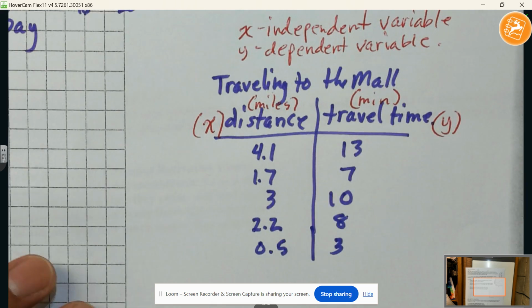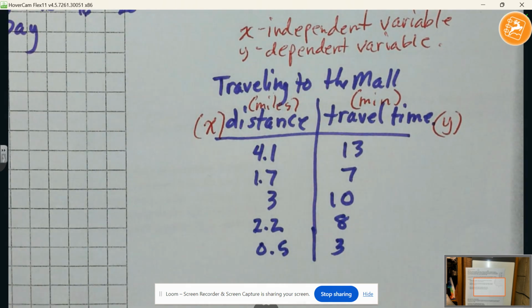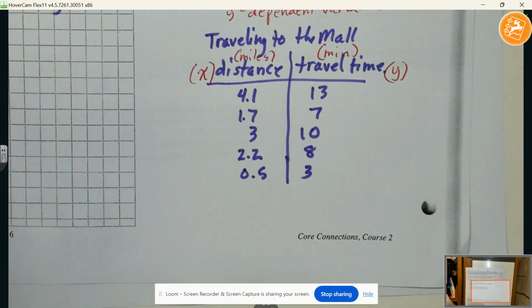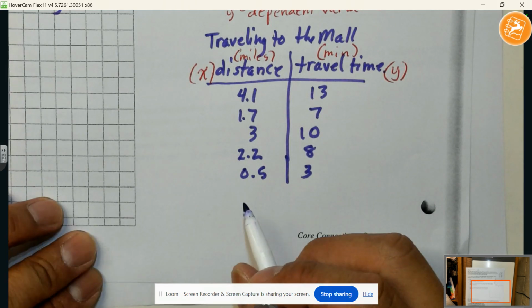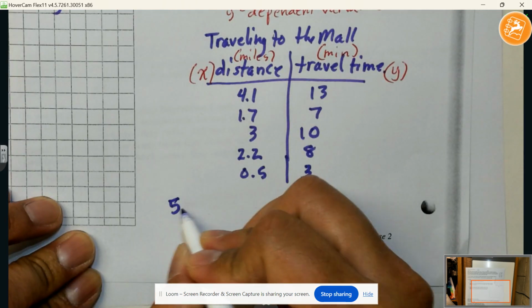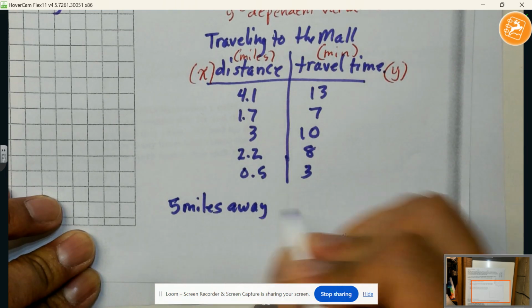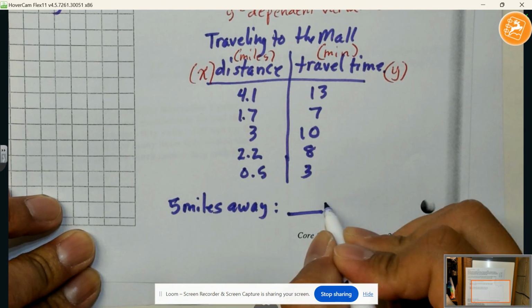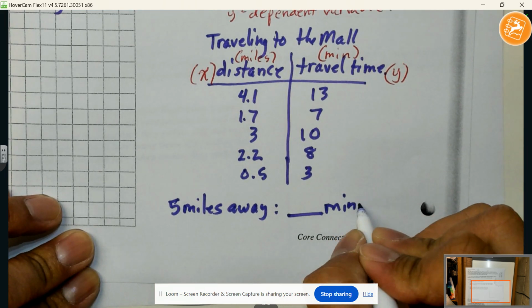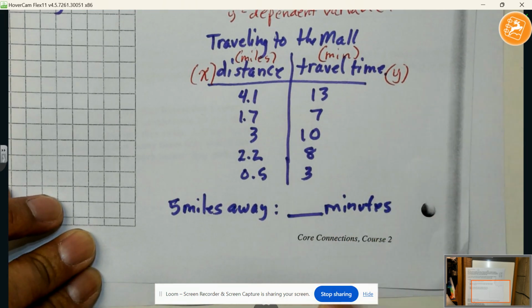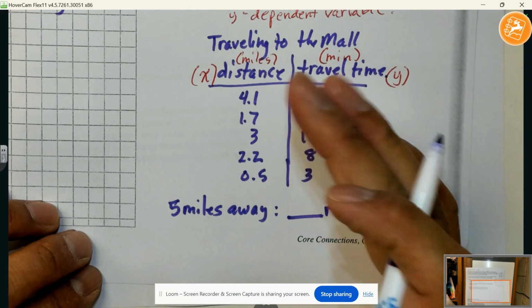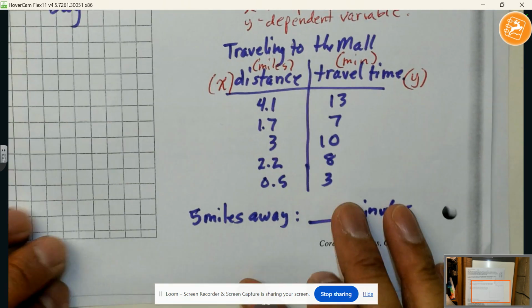Using this data, let's say we're trying to find out how long it would take somebody who is 5 miles away, how many minutes would it take them to travel? Obviously we're going to use this to predict.